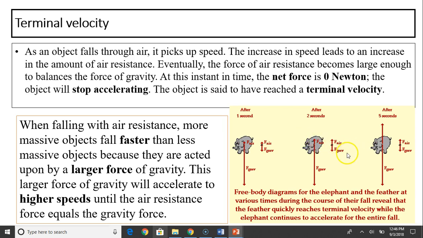After t equals 2 seconds, the feather has reached terminal velocity because air resistance balanced the gravity. On the other hand, air resistance still hardly has any effect on the elephant. Even after 5 seconds, the elephant still has a net force going downward, so it's still accelerating downward. The feather has been moving at a constant velocity for a while.